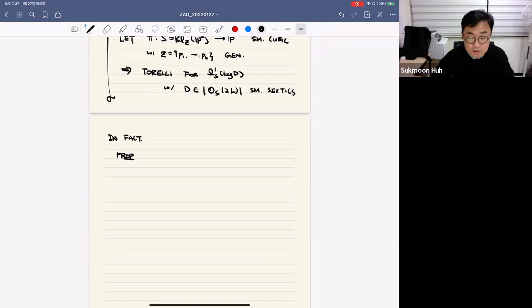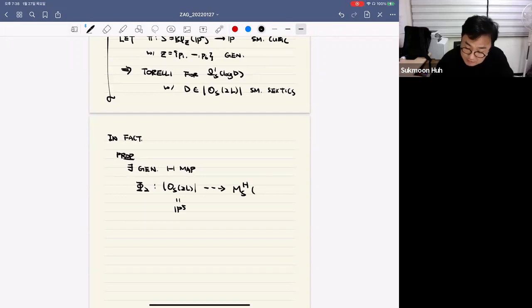In fact, this logarithmic bundle is stable, so that there exists a generically one-to-one map from the linear system, which is P5, to the moduli space of stable bundles with respect to the hyperplane section, minus Ks.